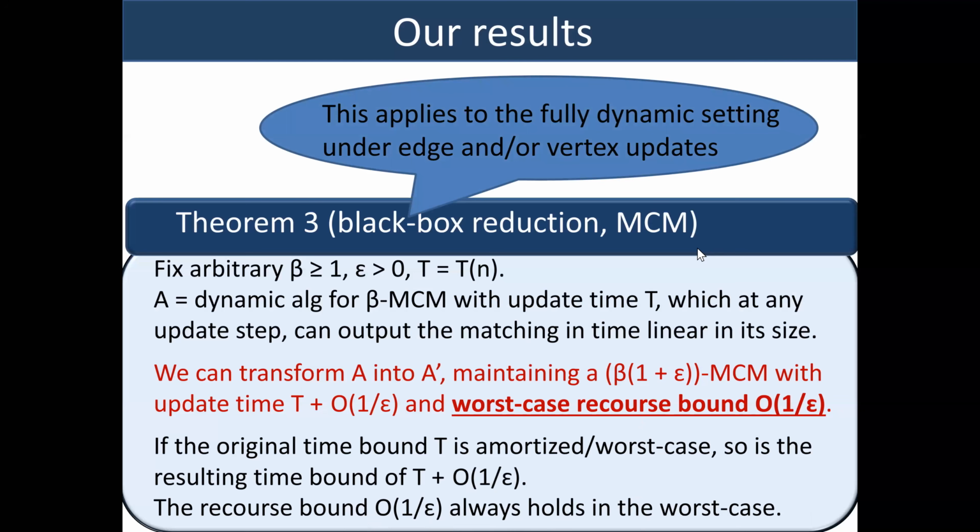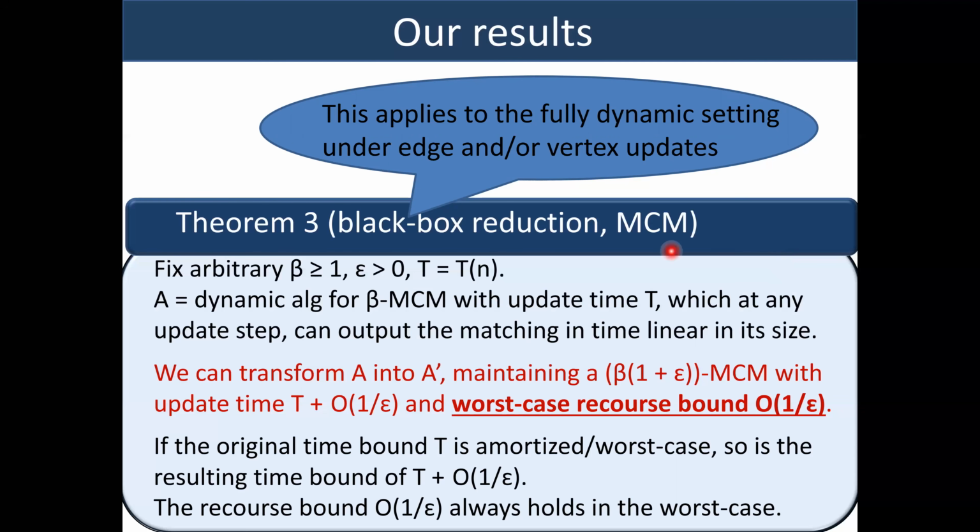Now, we talked about the setting where edges come and go and the vertices are fixed, but even if we consider a generalized setting where we have both edge and vertex updates, or just vertex updates, this transformation will still hold.